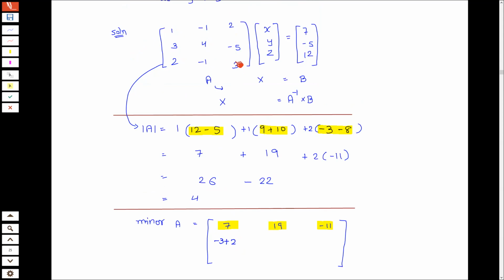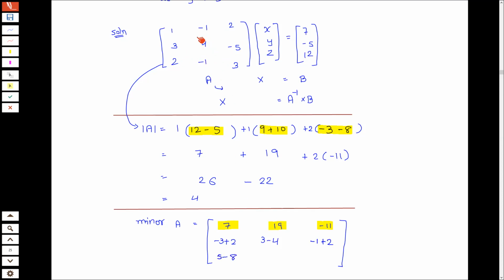Then in this position of 4, I get these numbers: 1 3s are 3, 2 2s are 4, which means minus sign. Then here I will get these 4 numbers, minus 1 plus 2. And in position of 2, these 4 numbers will be there. So it is 5 minus 8.